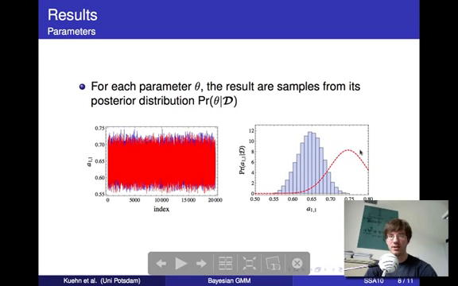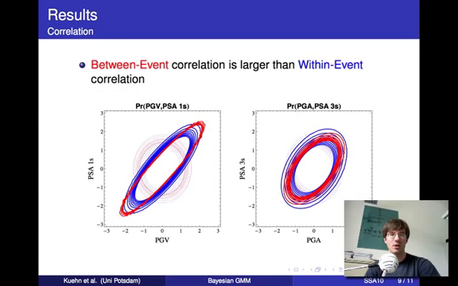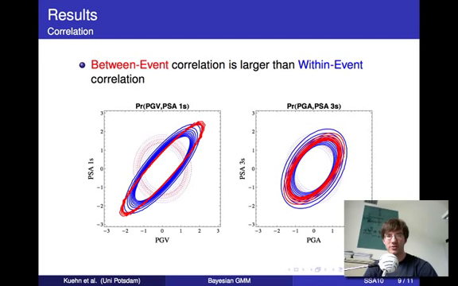The red line here is the prior, and we can see how the likelihood has moved our estimates of the parameter away from the prior. The same is true for all covariance matrices, the between event covariance and the within event covariance.